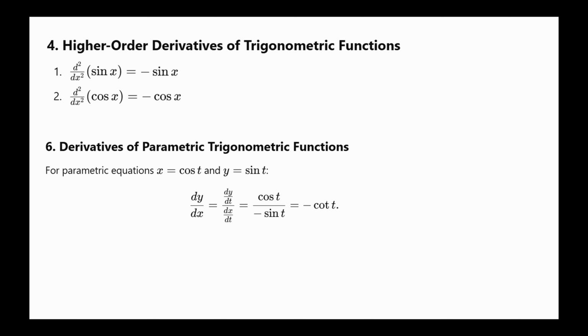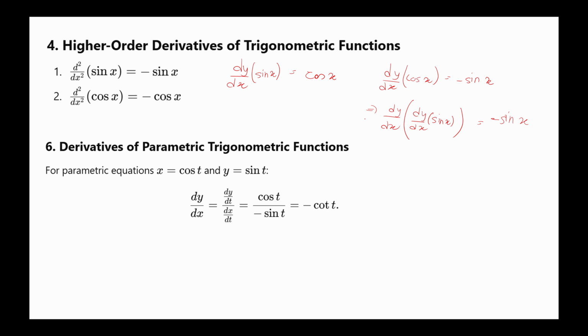Now higher order derivatives. Whenever a function has been differentiated, it can be differentiated again, right? For example, for sine x, my dy by dx would become cos x, and my dy by dx for cos x would be equal to minus sine x. So instead of cos x, I can write my function in this format as well: dy by dx of dy by dx of sine x, which is my minus sine x.